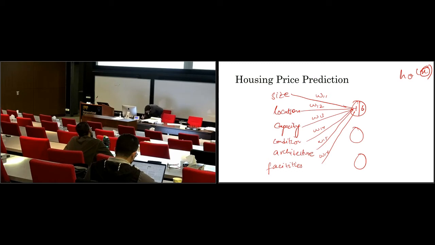Okay, I repeat the same process here. I'm not drawing the lines, but it's taking input from these 6 variables, adding them up, passing them through some nonlinearity. Let me just draw it so that there is no confusion.